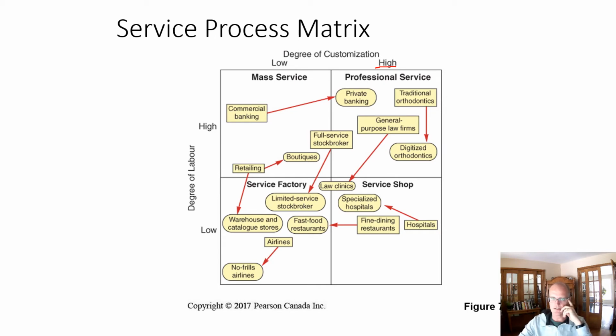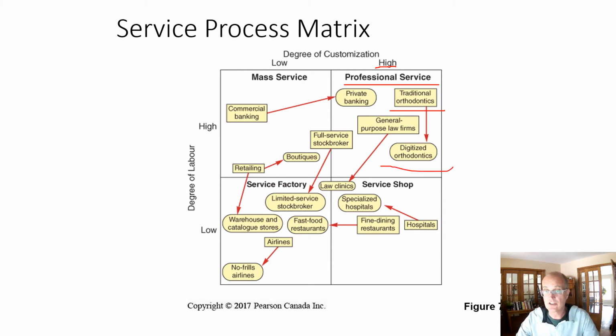So let's look at here. Orthodontics are clearly highly customized. The specific work you need depends on the specific conditions of your teeth. And so you go into the orthodontist, they assess your need, and they install the orthodontics that you need.